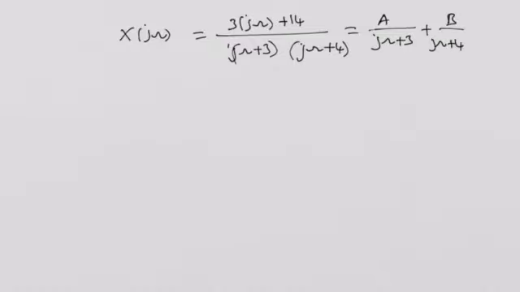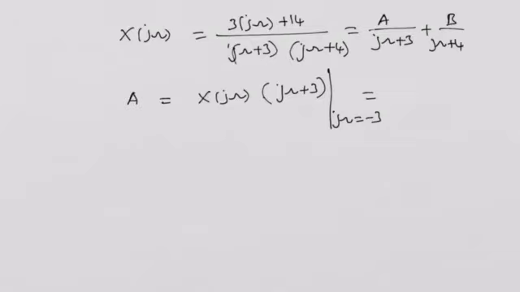In such situations, if you have to calculate the value of A, what should I do? I have to take X(jω) multiplied by the factor which is available in the denominator of A, and I have to substitute jω equal to minus 3 everywhere.